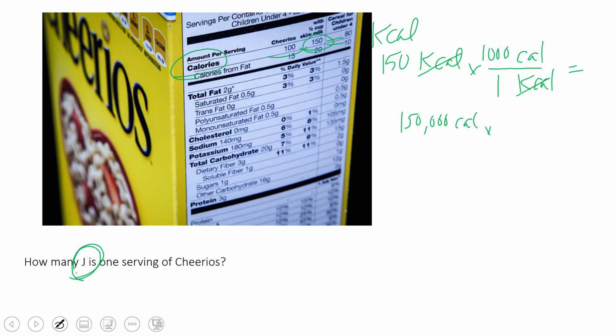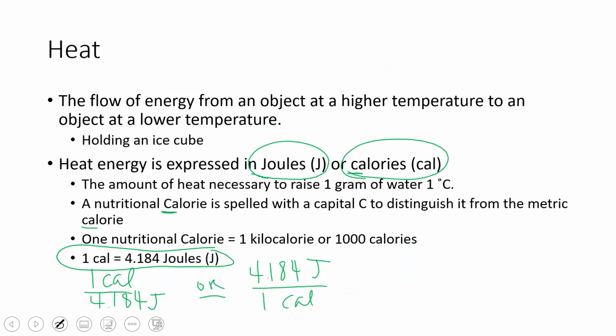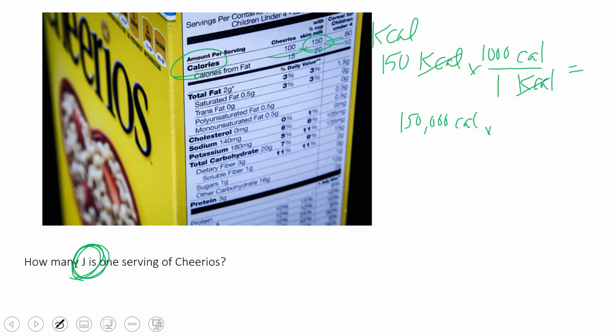Now to get to joules, remember that conversion factor I just showed you back here. We said 1 calorie is equal to 4.184 joules. So since I have calories, I need calories in my denominator and joules up above. And we said 1 calorie was 4.184 joules.